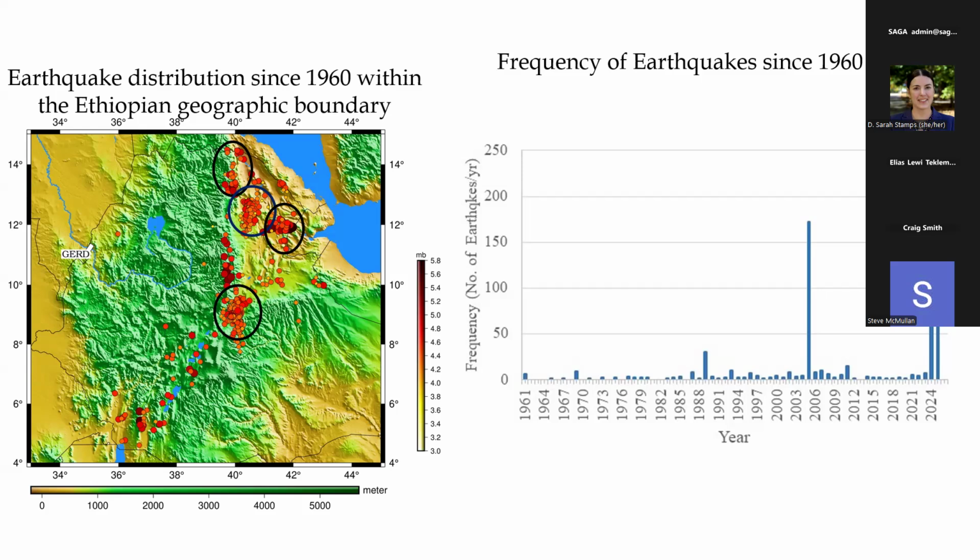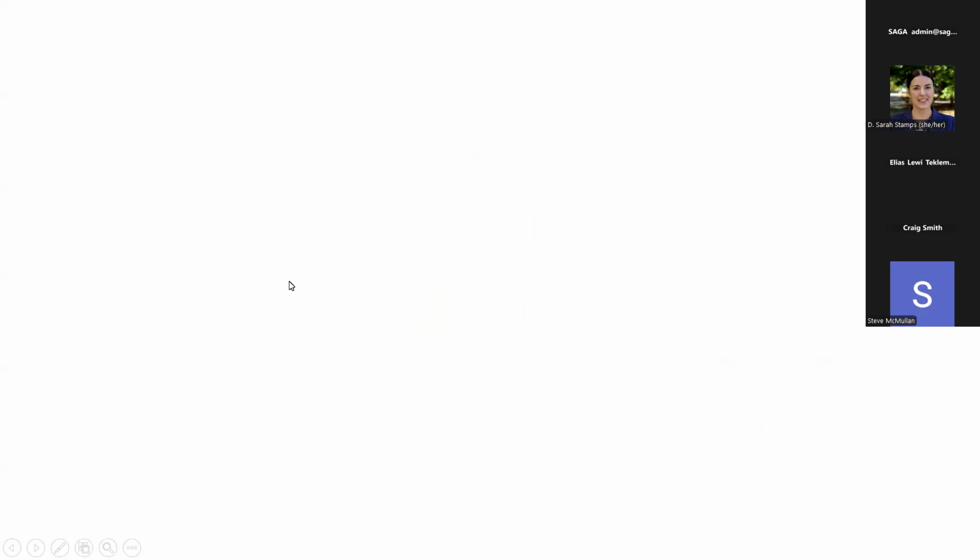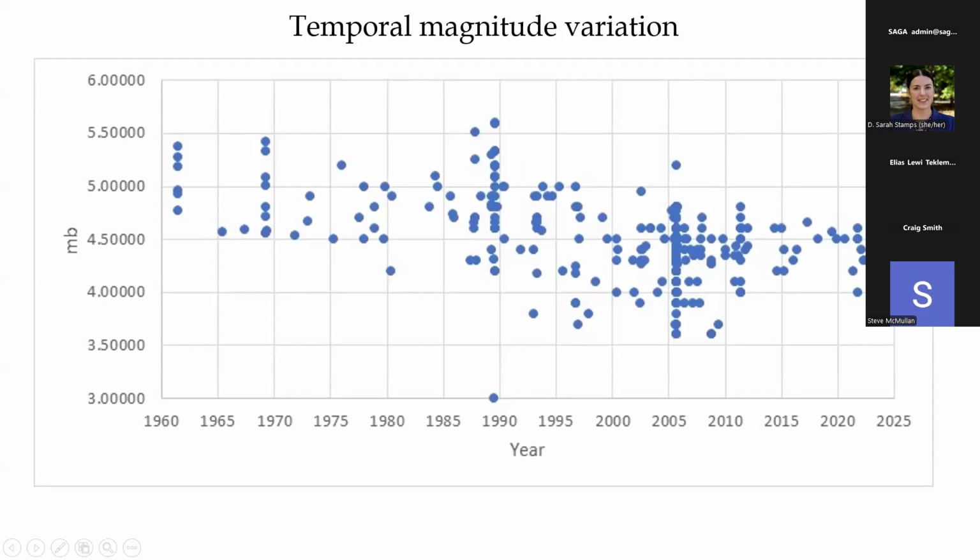So in general, most of the earthquakes we saw in the last 60 years are concentrated in this specific area. Of course, there are some earthquakes around the western rift margin. If you see the magnitude and time distribution, you can notice that we are registering more low magnitude earthquakes, and this is obvious because in the early time we didn't have enough seismographs distributed worldwide.